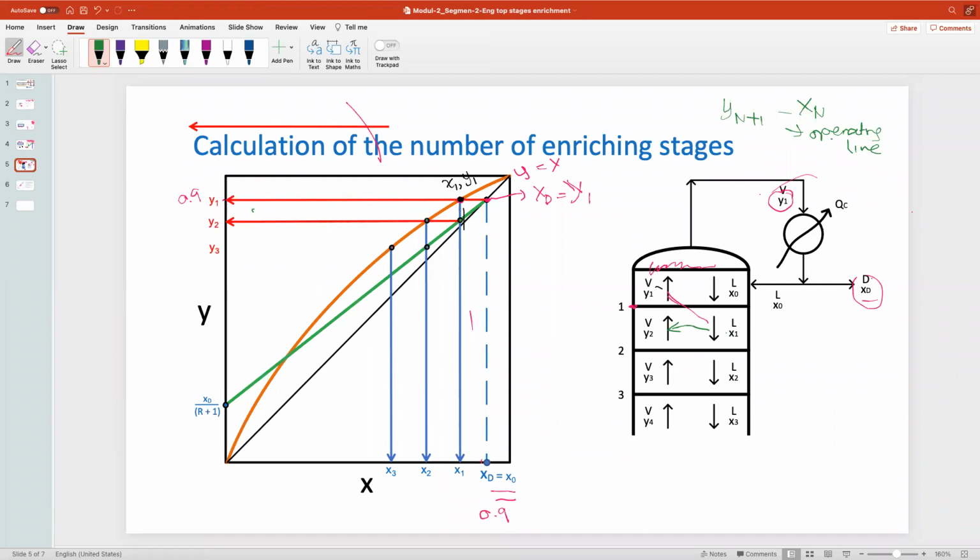Where is X2? Hello? Fatia, are you there? Or Helena, maybe? How to know the composition of X2?